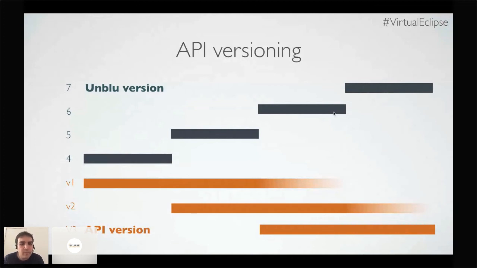But we have some customers that are doing the migration from OnBlue 4, OnBlue 5, and they would like to have a way to do the transition without a big bang and to keep the existing clients and webhooks that are interacting with our server.